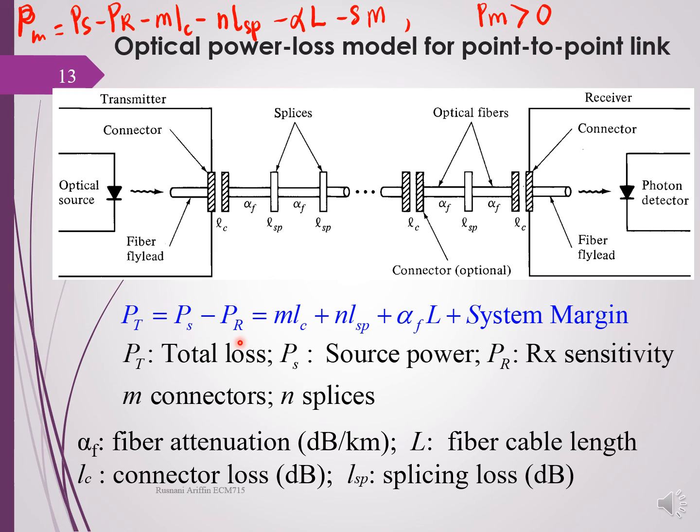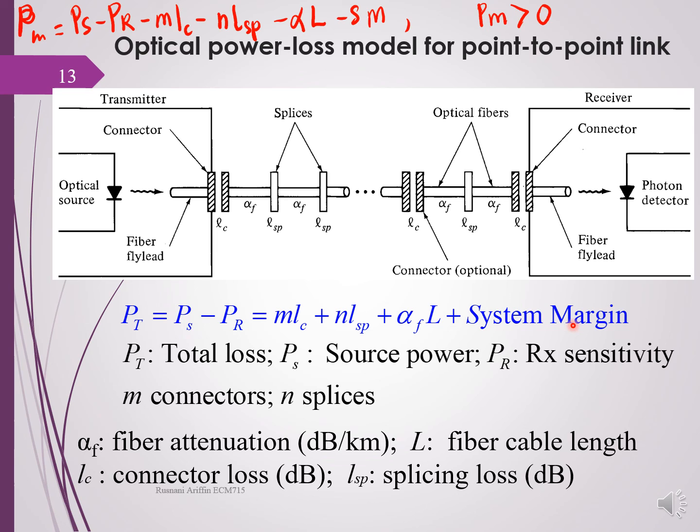PR is the power received or the receiver sensitivity. Total loss also equals the connector loss plus the splice loss plus the fiber attenuation plus the system margin. You will see later what the system margin is in the following slides.